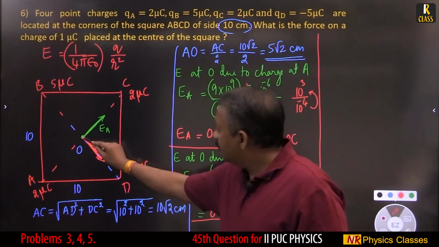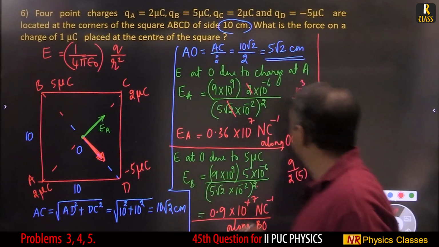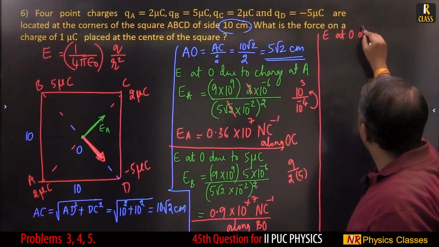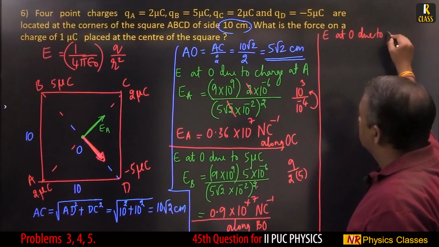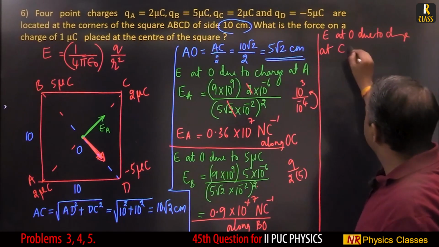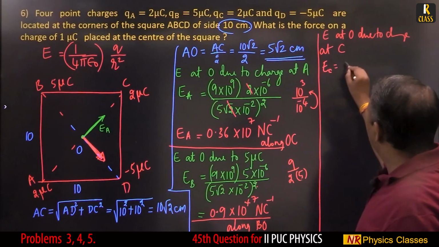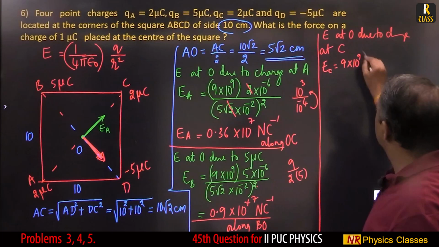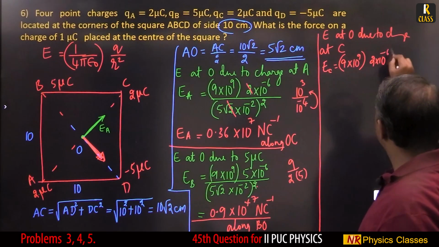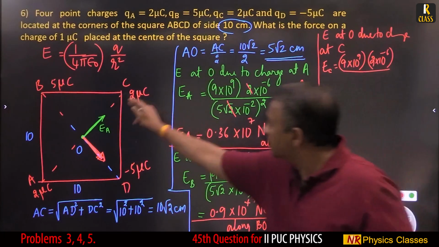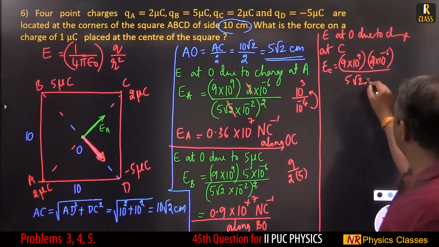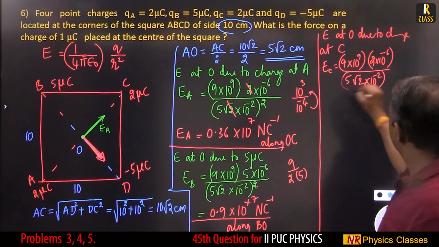Now, electric field at this point due to this charge. Electric field at O due to charge at C. EC equals 9 times 10 to the power of 9, charge is 2 micro, 10 to the power of minus 6, by distance, the same distance, 5 root 2 centimeter, square.